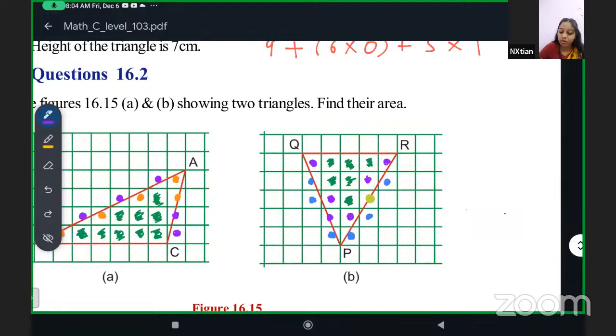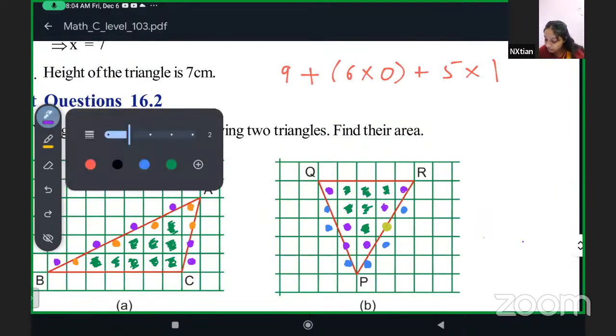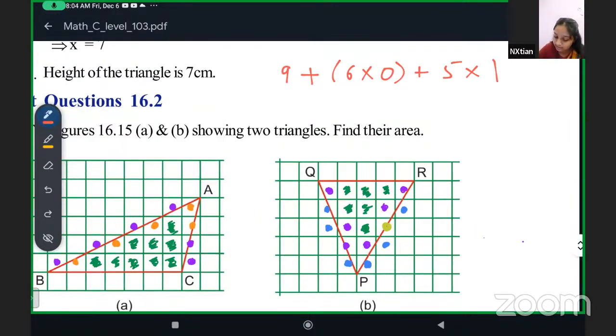So now we will write them. How many? 1, 2, 3, 4, 5, 6. 6 are there which are fully covered inside the triangle. Then we have 1 that is half, into 1 by 2.